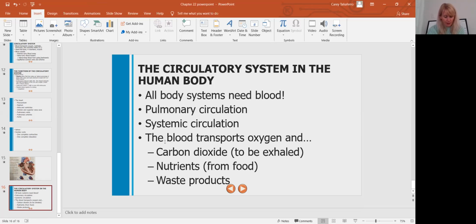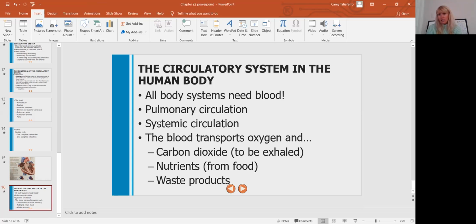Then you go to systemic circulation. So that's the flow of oxygenated blood from the left ventricle to the extremities. That requires much more blood because it has to cover more distance, okay?